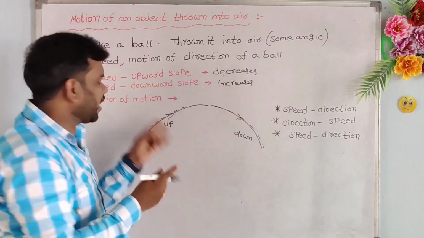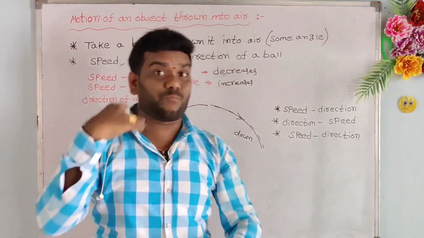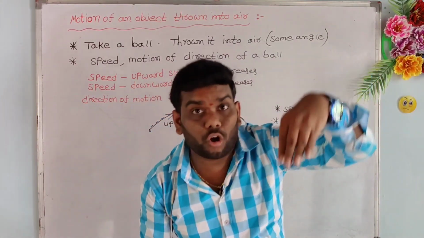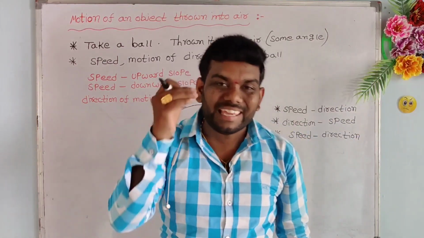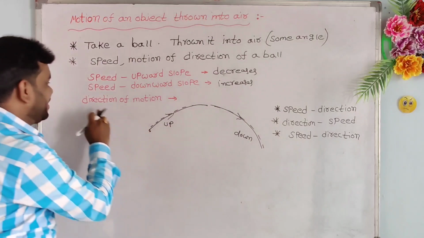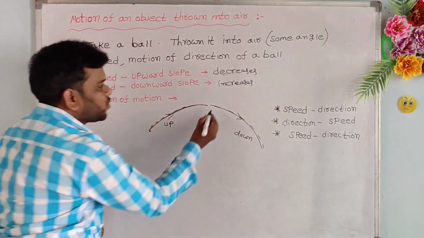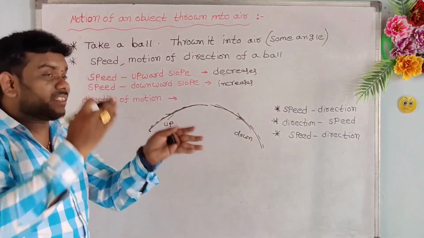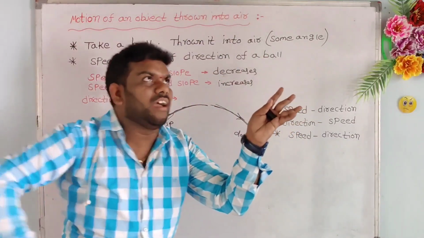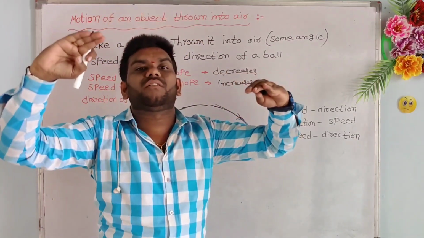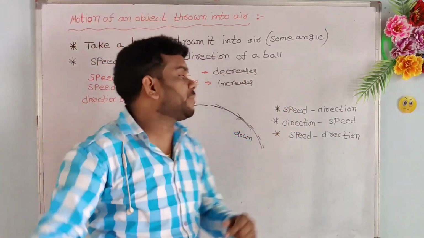So here the speed of the ball on the upward slope decreases. The speed of the ball on the downward slope gradually increases. But direction of the motion, ఇక్కడ చూసుకుంటే దీని డైరెక్షన్ ఇటు ఉంది, ఇక్కడ చూసుకుంటే దీని డైరెక్షన్ ఇటు ఉంది. కానీ ఇందాక డైరెక్షన్ ఇంక్లైన్ లో చూసుకుంటే అప్ డౌన్. బట్ ఇది పాత్ కి ప్రతి పాయింట్ దగ్గర ఆ డైరెక్షన్ ఏమైపోతుంది?